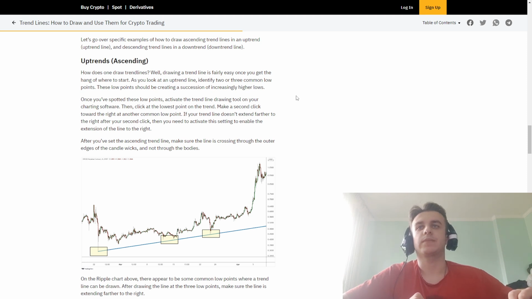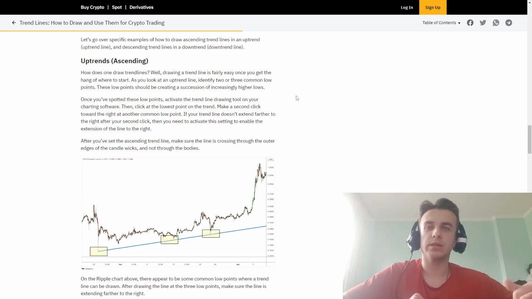Once you spot the low points, activate the trend line tool on your charting software, then click on the lowest point in the trend and make a second click towards the right at another common low point. If your trend line doesn't extend further to the right after your second click, then you need to activate the setting to extend the line to the right.